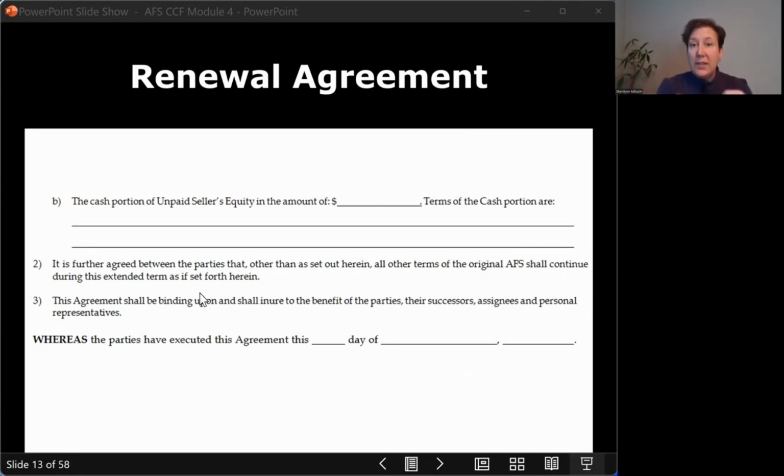And you would also list any bonus that's to be paid out over and above the unpaid seller's equity that is to be paid at title transfer. So all of that gets listed here. And we'll go over a filled in example of that property that I mentioned. And you'll notice there are no additional terms. It just reiterates that the original agreement for sale, all of the terms in that still apply.